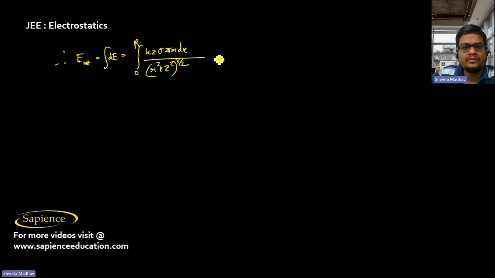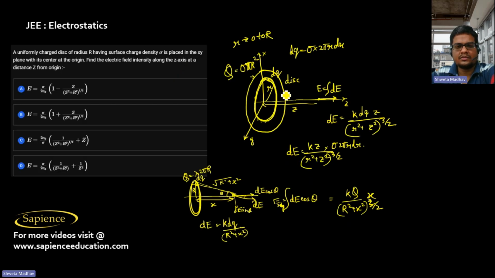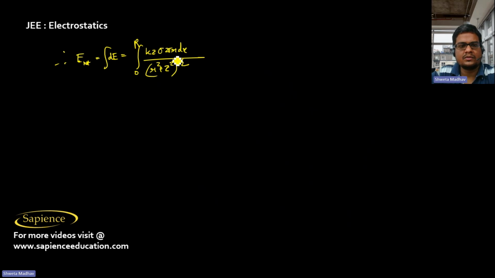So this will be now, z is a constant here. Z is constant obviously. So k into 2 pi, that is actually 2 pi by 4 pi epsilon naught. So that is equal to 1 by 2 epsilon naught.